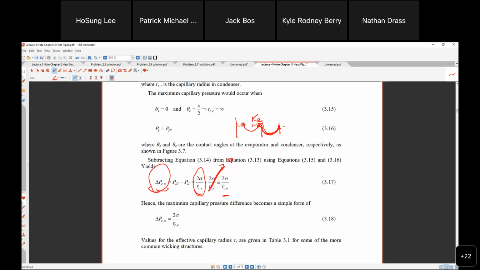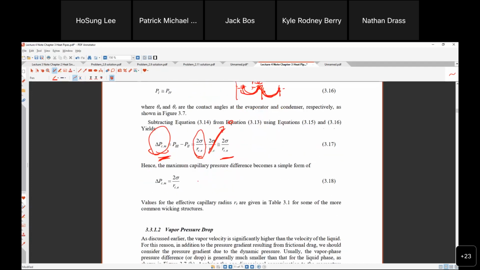You're assuming a full radius, a full hemisphere. So no theta on board. Anyhow, that's the capillary maximum.